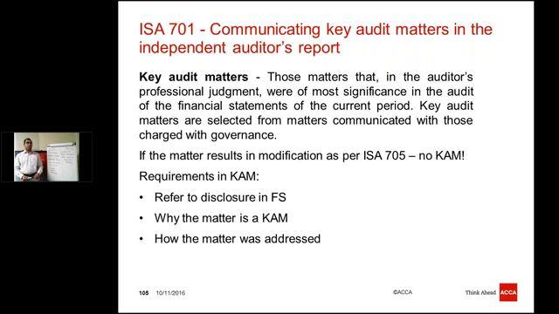Number one, key audit matters are basically the auditor's judgment. So it is the auditor's professional judgment of what he or she believed were the key matters of significance in the audit. So those are probably matters that were significant risks, that took the highest amount of time, for example, on the part of the auditor, or that resulted in the highest amount of audit risk for the auditor.